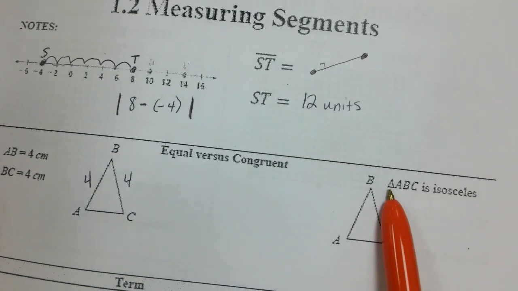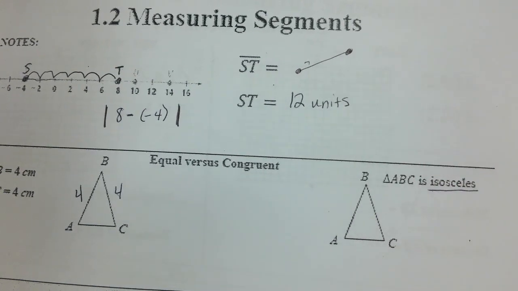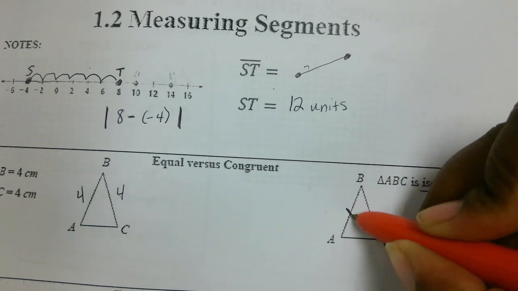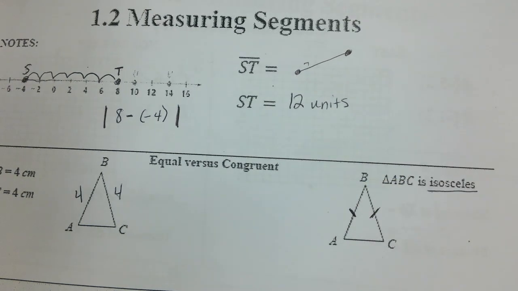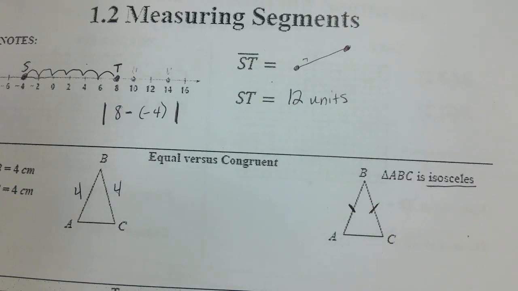Well, here when they tell me that triangle ABC is isosceles, if we go back to prior knowledge, we know that an isosceles triangle has 2 equal sides, 2 congruent sides. Well, I don't know the size of AB, and I don't know the size of BC, but I know they're equal. I know they're congruent. So that's how I mark congruent. So I think that's just important to know, because we're going to be using that symbol a lot.